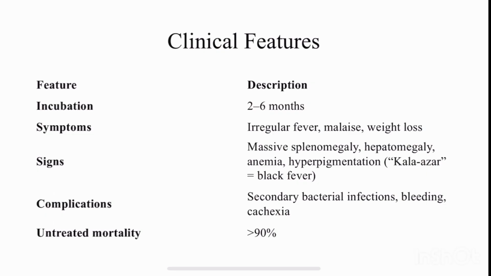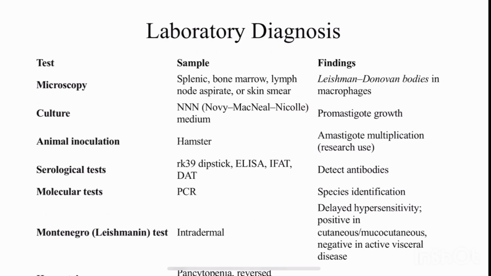Bleeding is mainly due to thrombocytopenia and coagulation cascade disruption. Cachexia is mainly because of progressive weight loss, and in untreated patients, the mortality will be more than 90%. So how do we diagnose the disease, and how do we proceed when the patient presents to us?